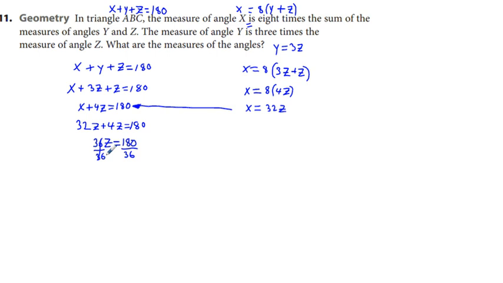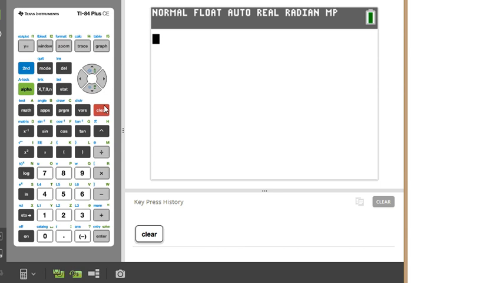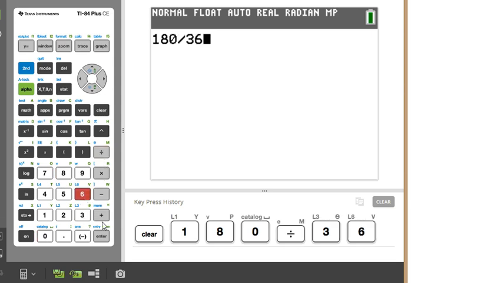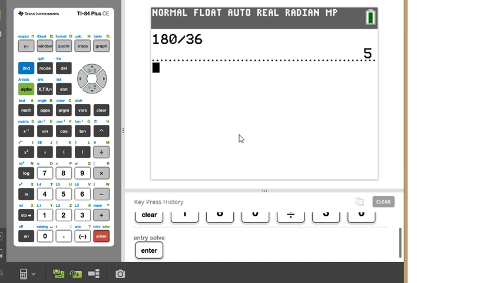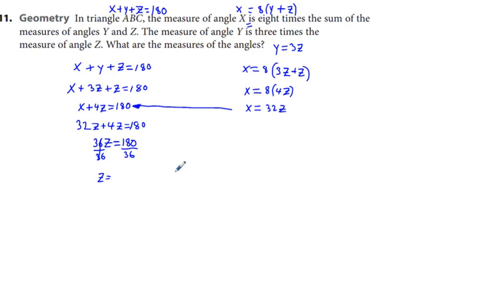So it doesn't come readily to mind what that number is. So I'm going to resort to my TI-84 CE calculator and take 180 divided by 36, and we get 5. So we have 5 degrees.